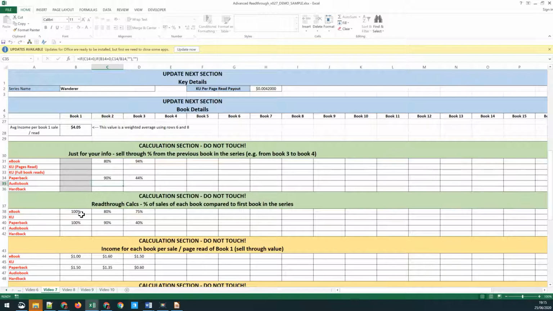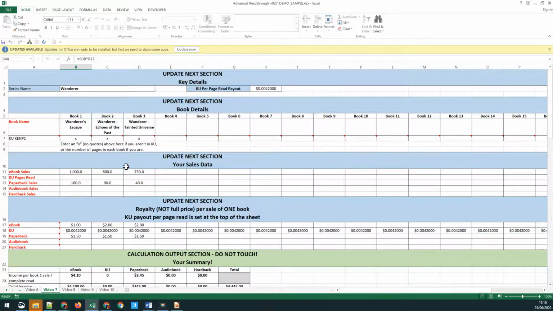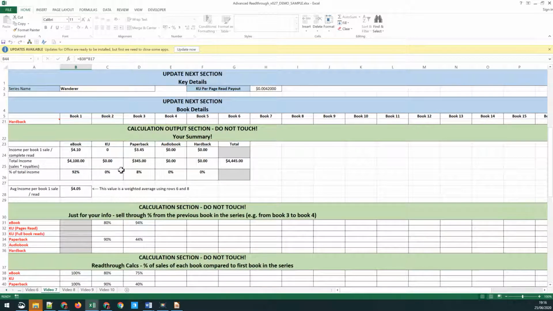You also then see your read through from book 1 to book 2, book 1 to book 3, and so on. And that lets us work out, okay, you've sold one copy of book 1, but how much is that actually worth in terms of sales of book 2 and book 3, which we mentioned before. And then we put all that together, do the calculations, and that will tell us how much is each sale of book 1 actually worth to us.